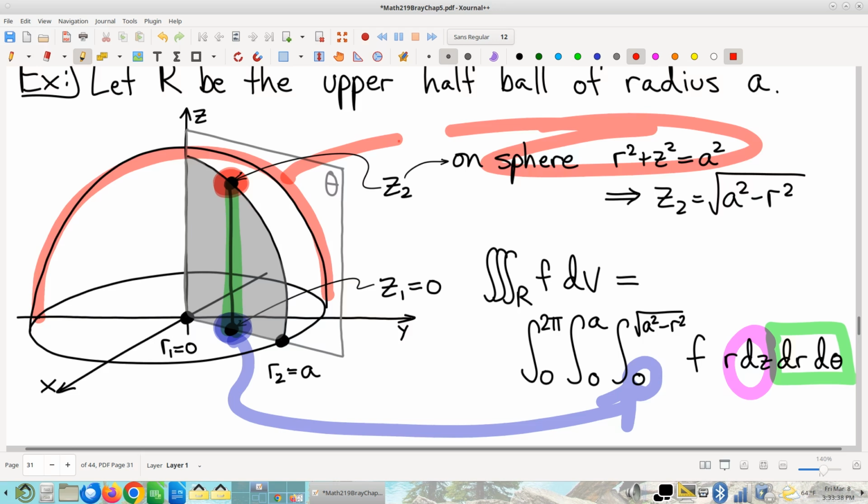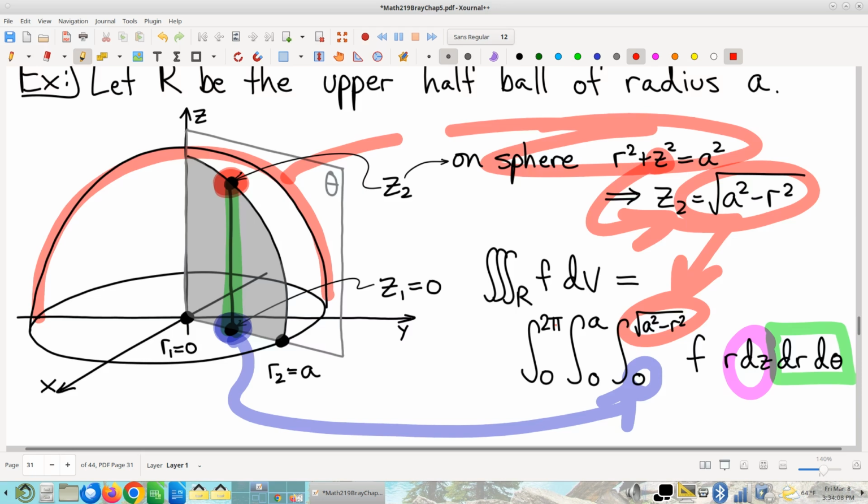Now, don't lose track of what we're doing. The reason I'm interested in this equation is because that describes my upper bound for z, which means in that equation I need to solve for z. And when in that equation you solve for z, you get that expression, which is our upper bound for z. And there we go. There we have our iterated integral in cylindrical coordinates.